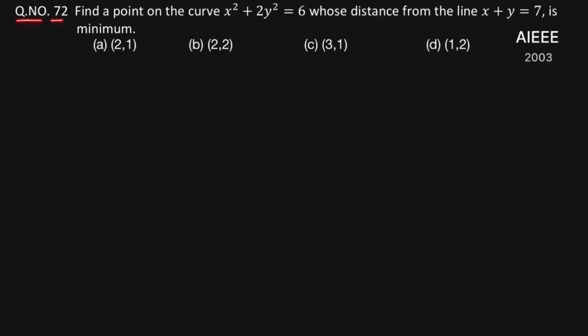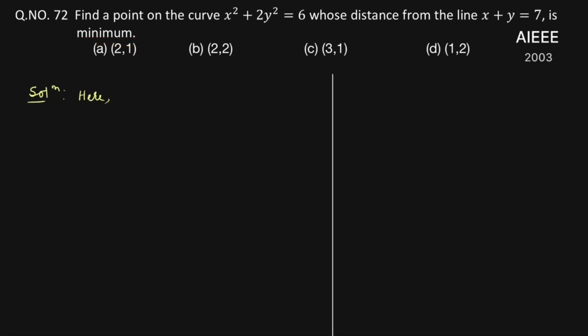Question number 72. We find a point on the curve, that is x square plus 2y square equal to 6, whose distance from the line x plus y equal to 7 is minimum. Let's see the solution of this question. So here our given curve x square plus 2y square equal to 6 is an ellipse.